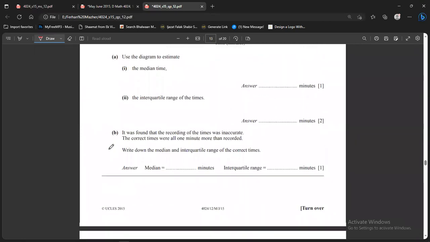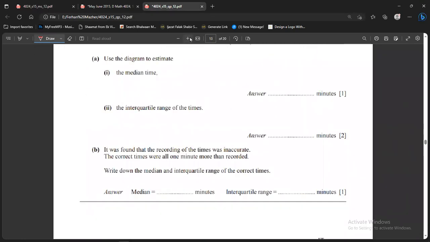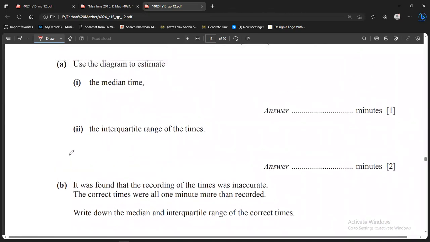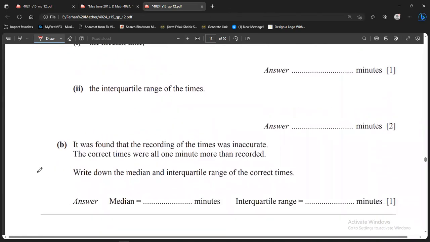Okay, then the question is, B part. It was found that the recording of the times was inaccurate. The correct times were all 1 minute more than the recorded.